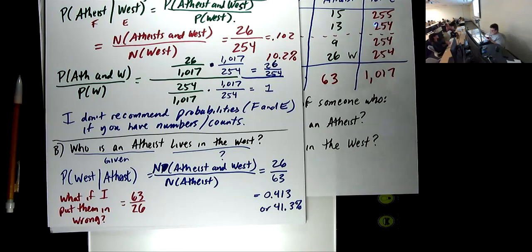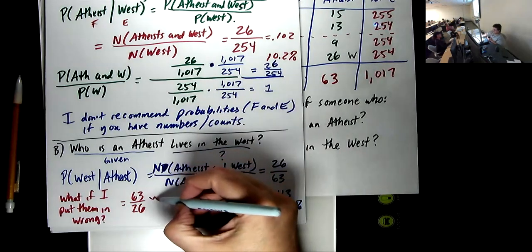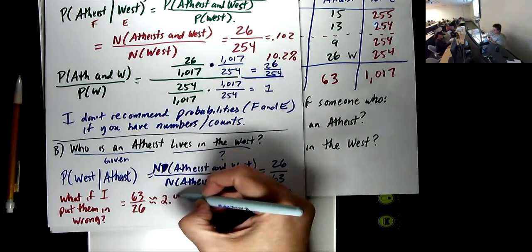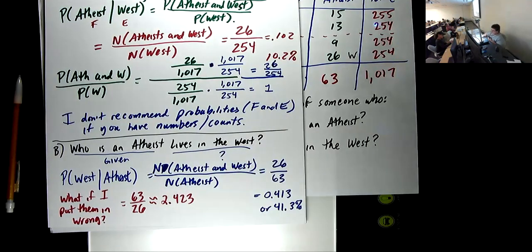If you do 63 divided by 26 instead, you are going to get approximately 2.423. What does that mean?